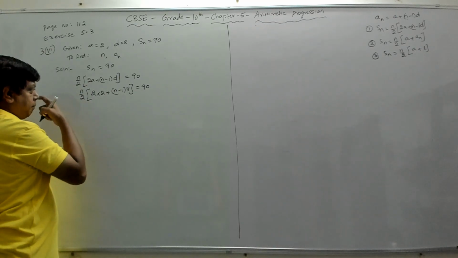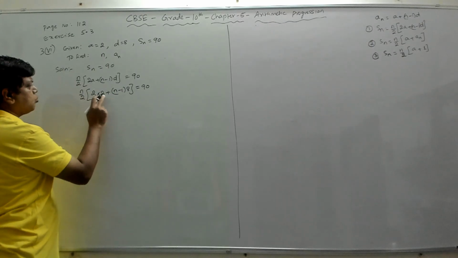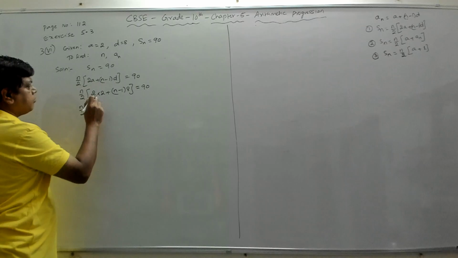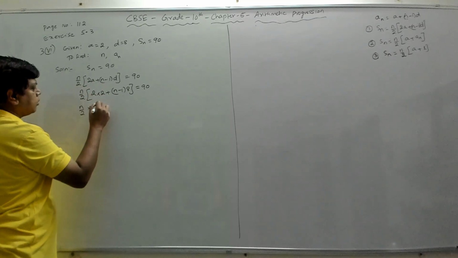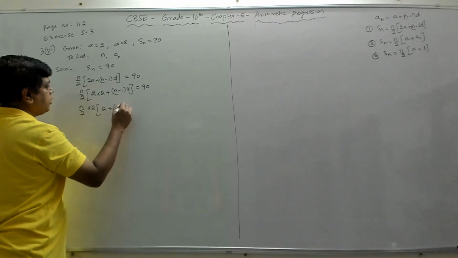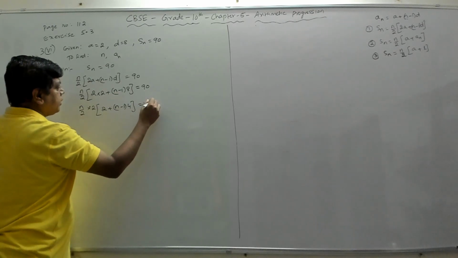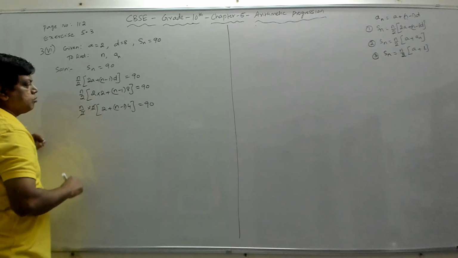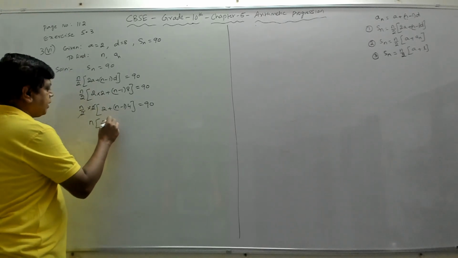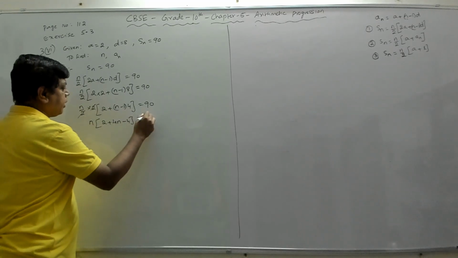Now if you see, we can take 2 common. n by 2 into, if I take 2 common out, I'll have 2 plus n minus 1 into 4 equal to 90. Why am I taking 2 out? Because I can cancel these two. So I get n into 2 plus 4n minus 4 equal to 90.